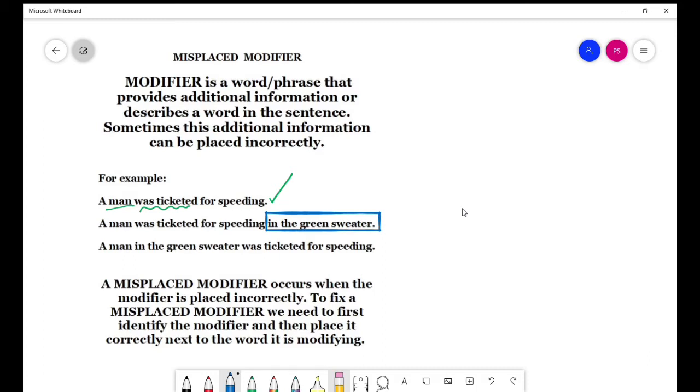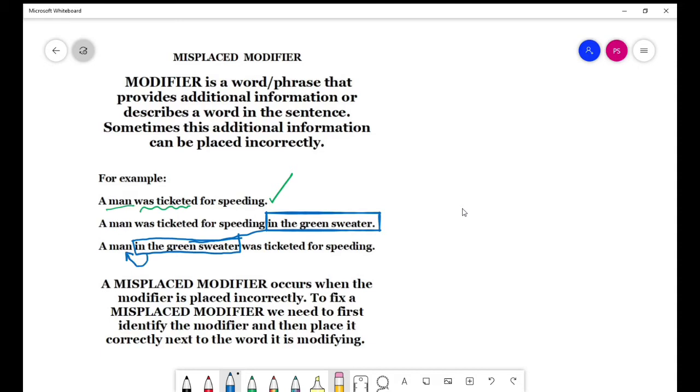But who's in the green sweater? The man is in the green sweater. Therefore, we rewrite the sentence: a man in the green sweater was ticketed for speeding. The modifier is now placed next to the word that it is modifying.